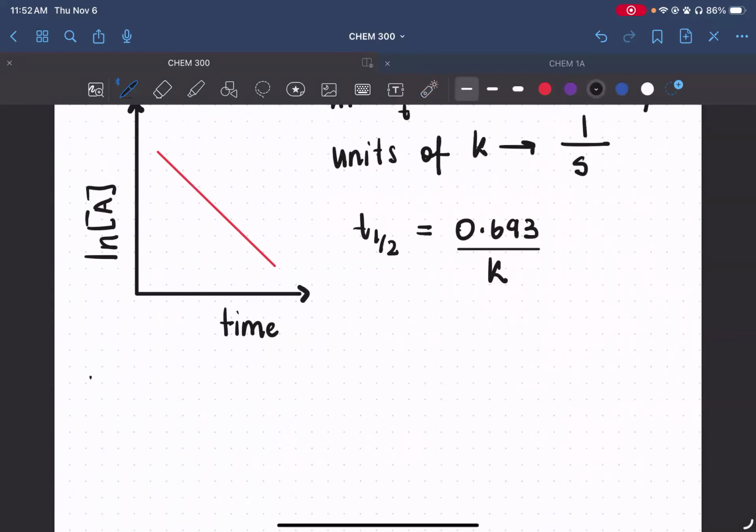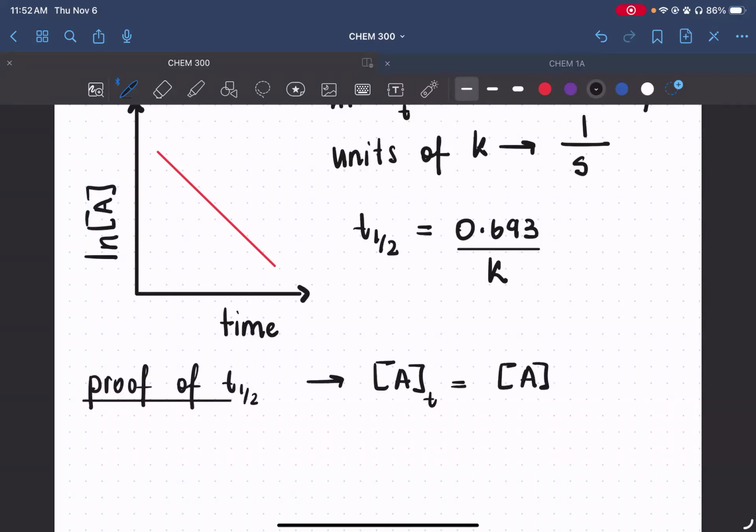Let's prove it to ourselves. Remember, the big assumption of half-life is that the final concentration of A is equal to the initial divided by 2.